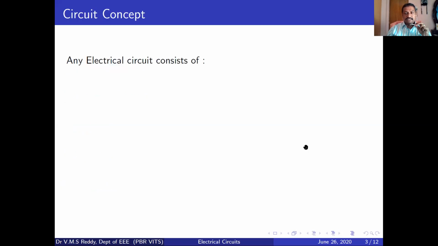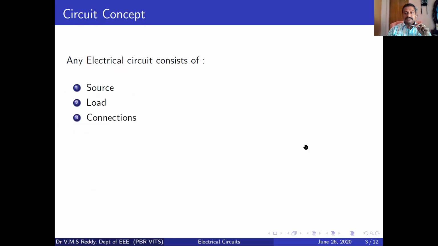First we start with the basic circuit concept. Everyone should understand that any electrical circuit consists of a source and a load, and the source and load should be connected.